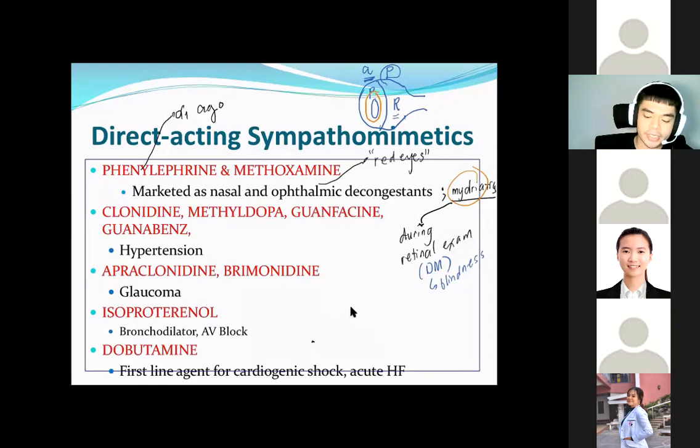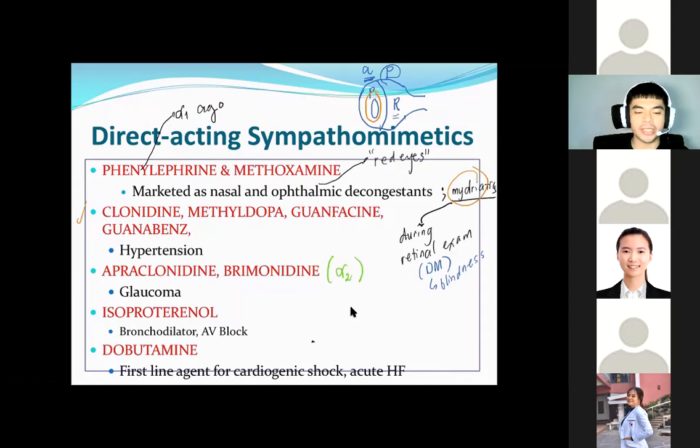Next, the applications of clonidine, methyldopa, guanfacine, and guanabenz. These are presynaptic alpha-2 agonists and they are antihypertensives, because of their vasodilatory action. Next, apraclonidine and brimonidine are also alpha-2 agonists, post-synaptically acting.